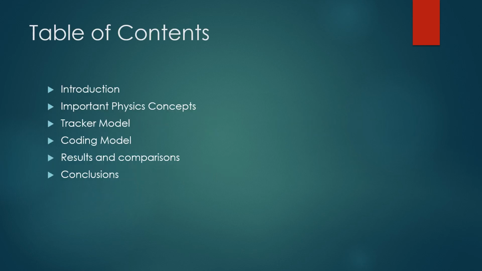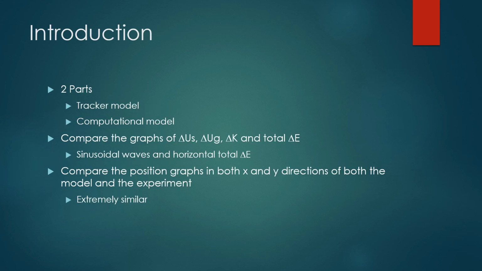Here is the order in which I will discuss the experiment and the discussion of this lab. This week's lab is a two-part lab consisting of a tracker model of the motion of a spring as well as a computational model that matches that motion.